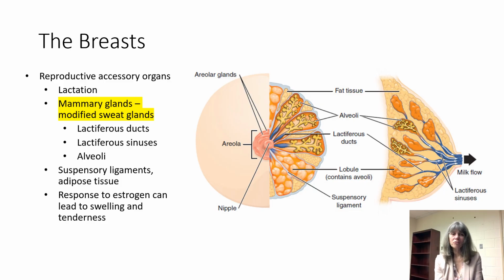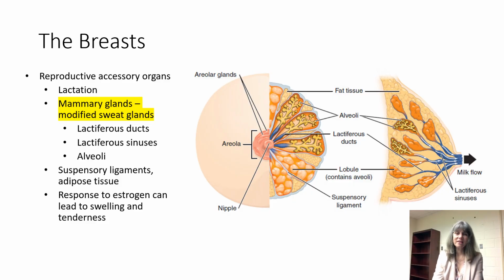The breasts are reproductive accessory organs that are designed for lactation to produce nourishment for a child when that child is born. The breasts have special modified sweat glands that are known as mammary glands. Mammary glands are going to exist in sac-like spaces known as alveoli in lobules within the breasts.